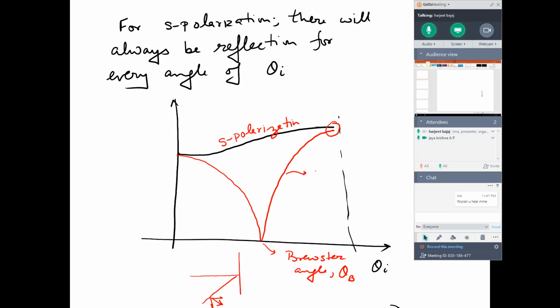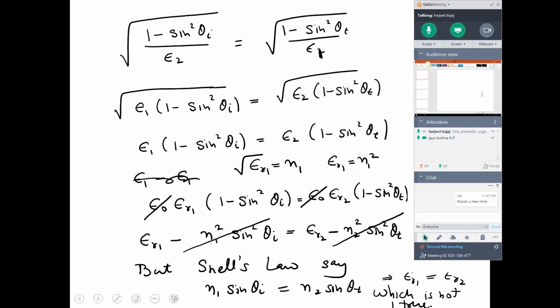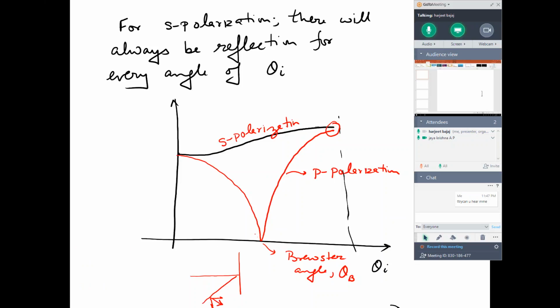We're going to get a reflection for P polarization which is going to be like that. As you increase the angle from 0 degrees, it is first going to decrease, and it is going to keep on decreasing till it hits an absolute value of 0, and then it starts to increase.